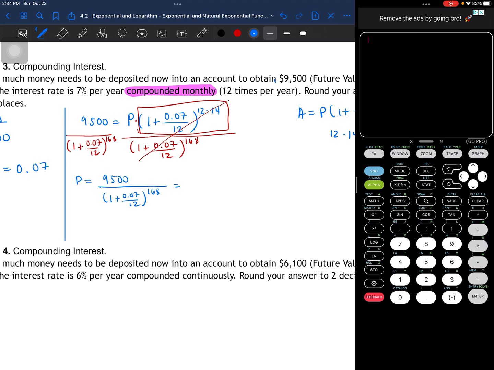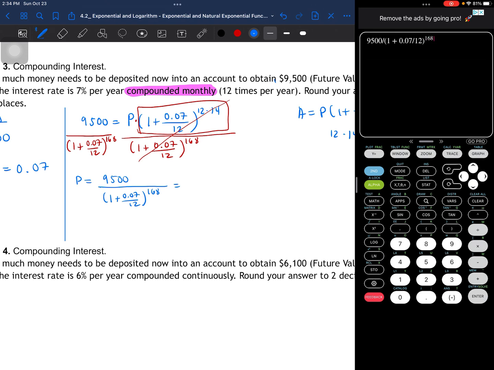The reason why we didn't compute that is because it's actually not so hard to put this in the calculator. So let's try this in the calculator. We're going to take 9,500 and divide this by exactly what you have in your denominator.